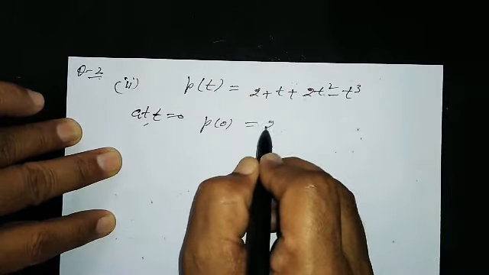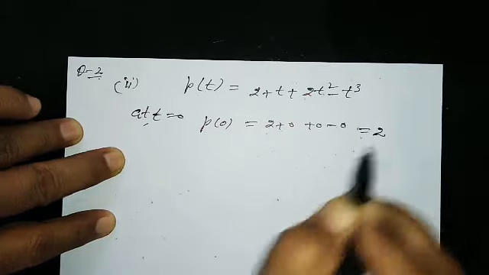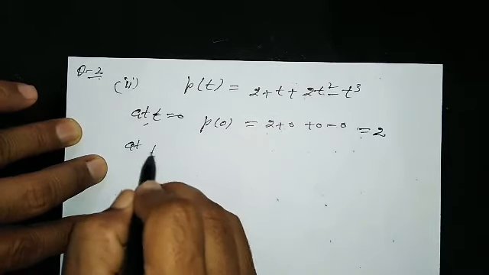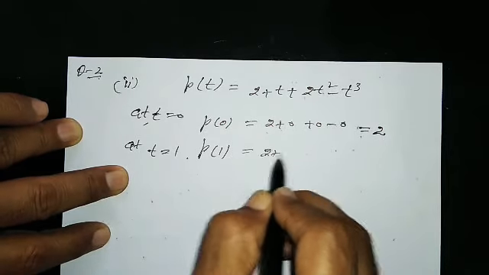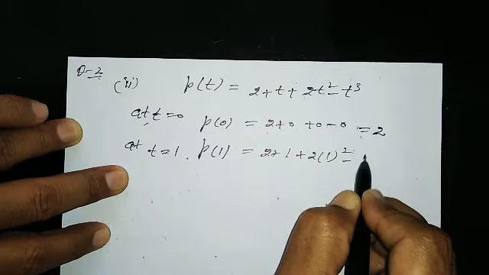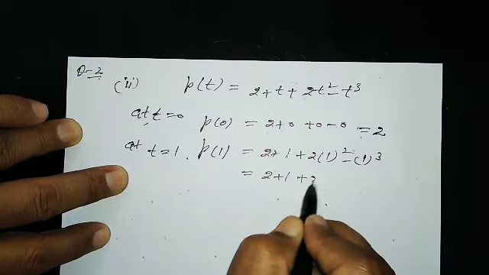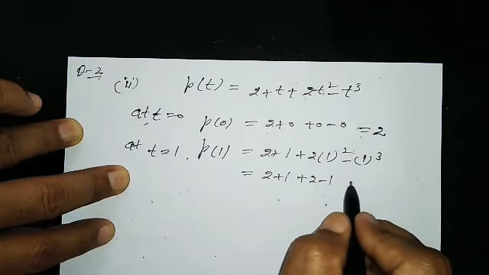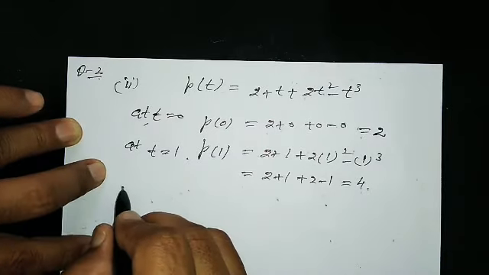Put t = 0 and you will get 2. Again at t = 1, put 1 in place of t, and you will get 4.